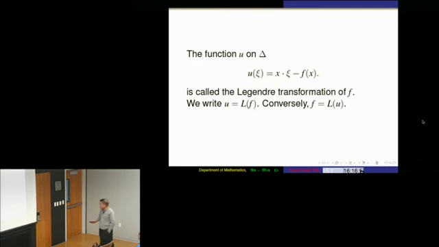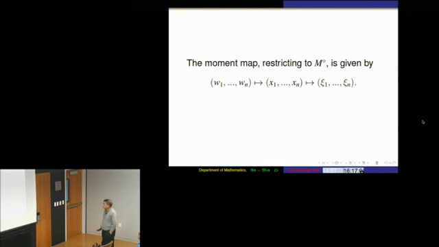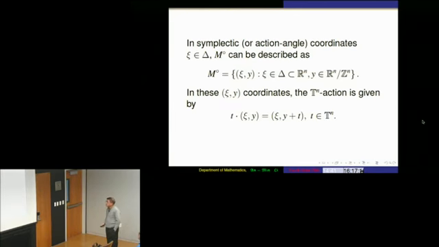Conversely, we also have f equal to Lu. The moment map restricted to this coordinate is given by this, projected to x_1 through x_n, and by the Legendre transformation, the gradient map to this one. This is the moment map. In symplectic coordinates, M0 can be described in this way, and the T^n action is given by this.